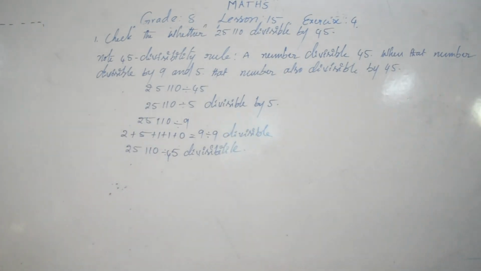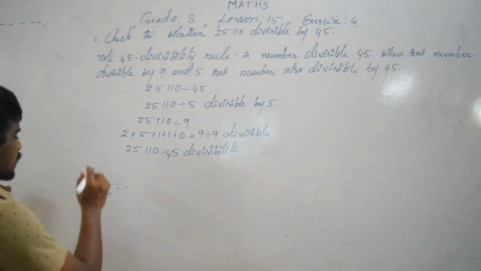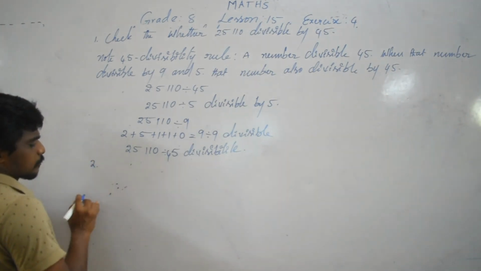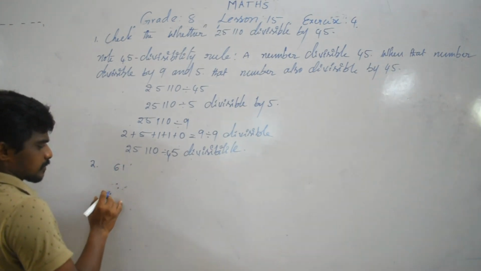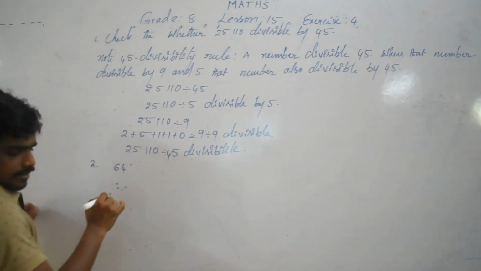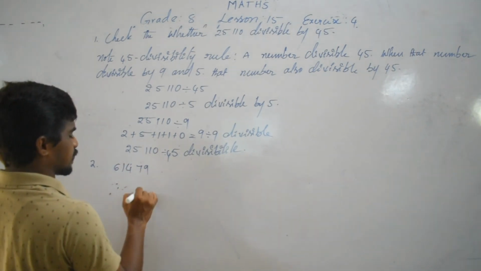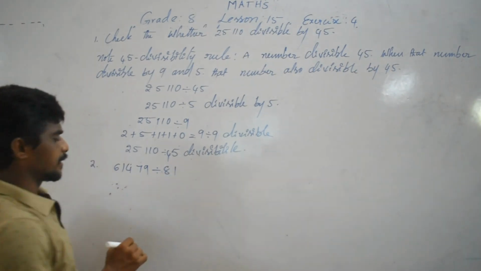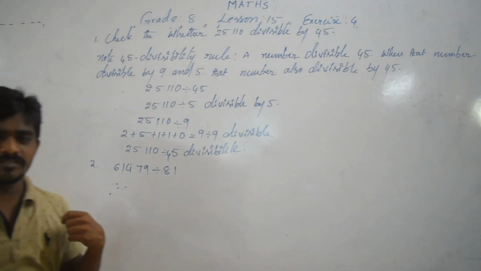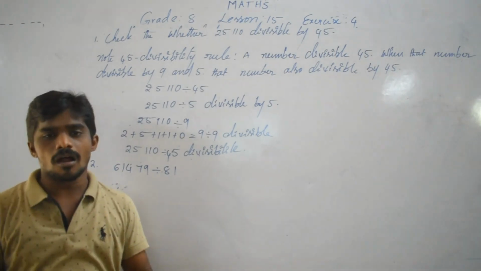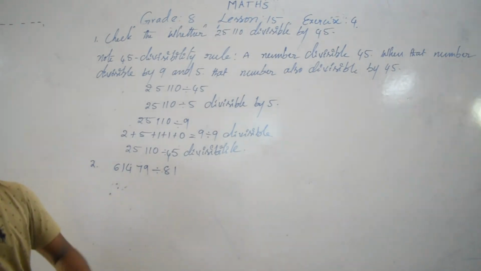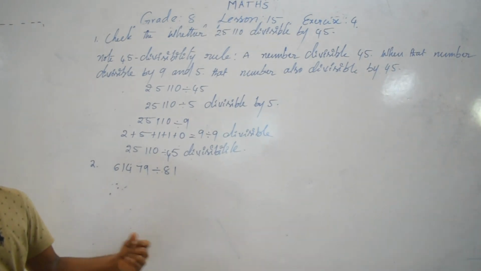Next one. Check whether 61,479 is divisible by 81. What is the 81 divisibility rule? If the sum of all digits is divisible by 9, this number is also divisible by 81.